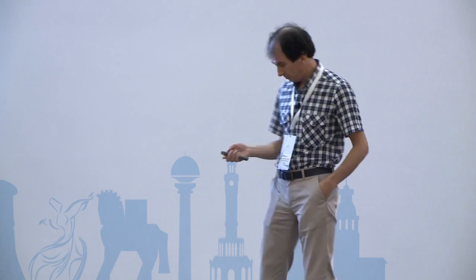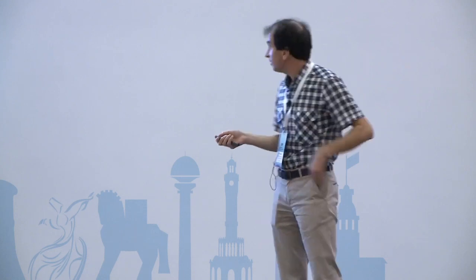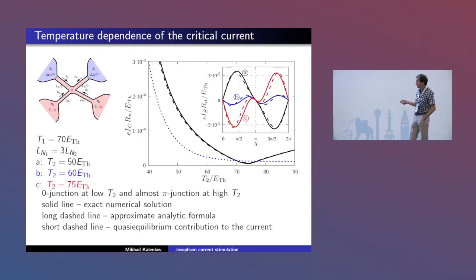Could you tell us a little bit about the material, so to say, the absolute numbers involved? The bias, how many Kelvin, and a current of how many amperes? This is just a conventional Josephson junction, so it depends on how to prepare it.